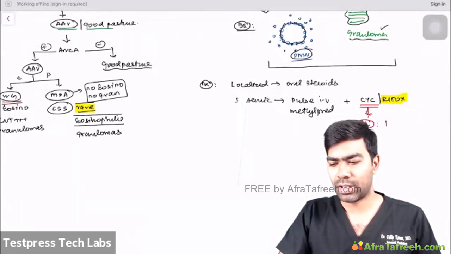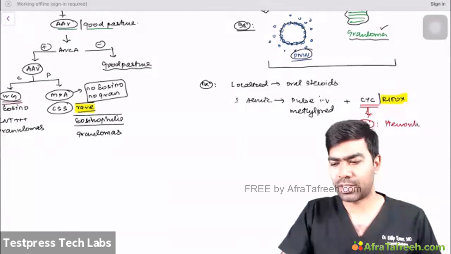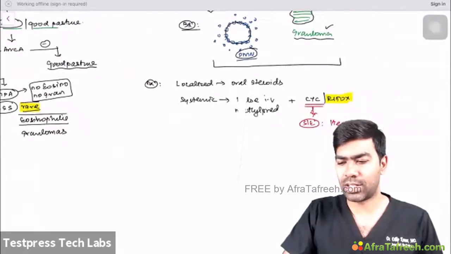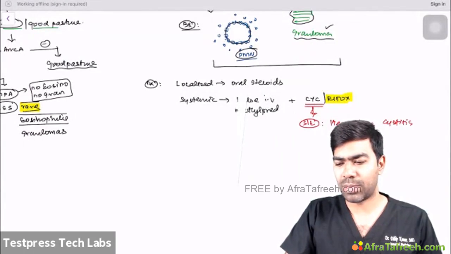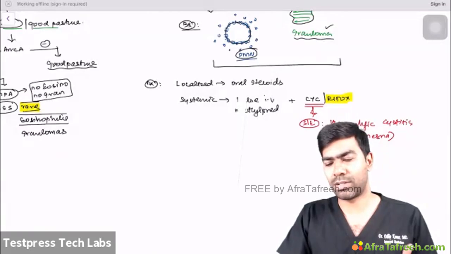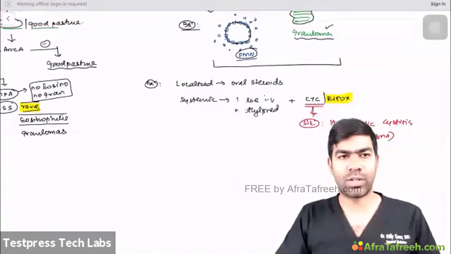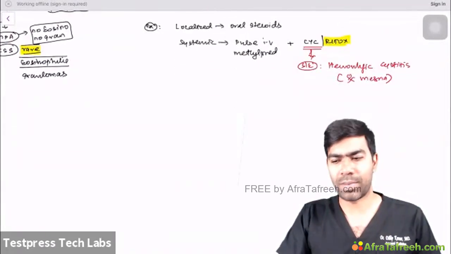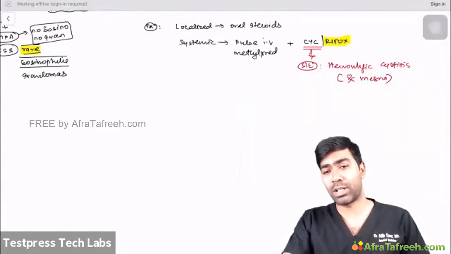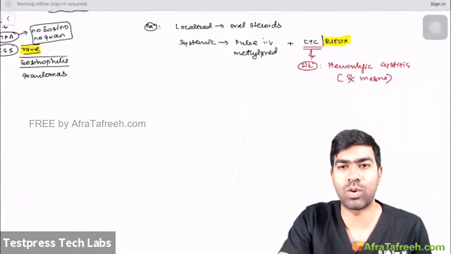We know it has hemorrhagic cystitis as a side effect, and even though that is mentioned first, it can be easily prevented by giving Mesna prophylaxis, because of the molecule that is formed as a metabolite of cyclophosphamide, called acrolein.